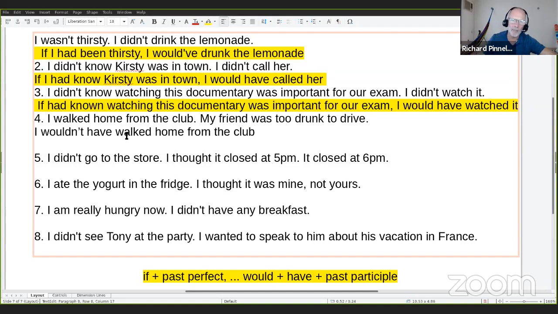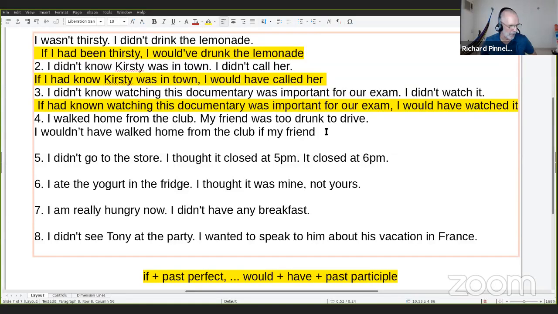This one is the other way around. The if part is last. If my friend... now you need to put the verb was in the past perfect. If my friend... you need something else. And also this is positive, so we need a negative.